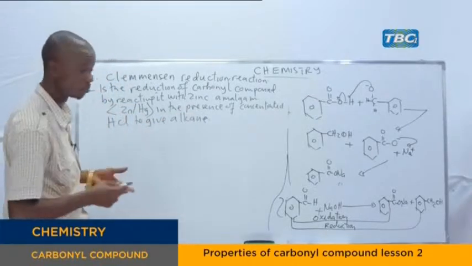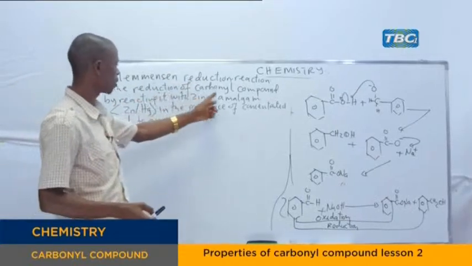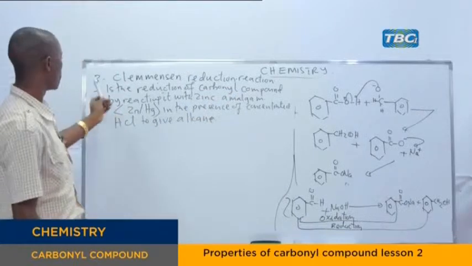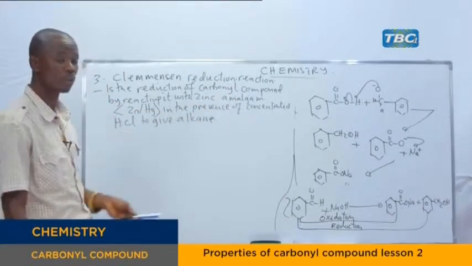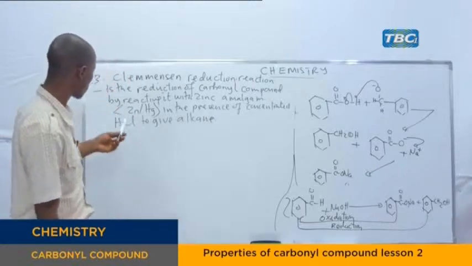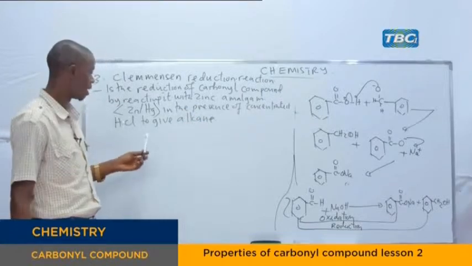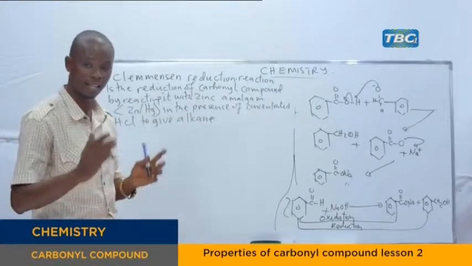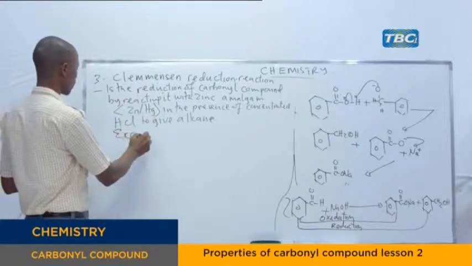Yes, we can say generally that the Clemmensen reduction reaction is the reduction of a carbonyl compound by reacting it with zinc amalgam. When we talk about zinc amalgam, we are talking about a mixture of zinc and mercury in the presence of concentrated hydrochloric acid to give an alkane. So that is Clemmensen. We can give the example here.